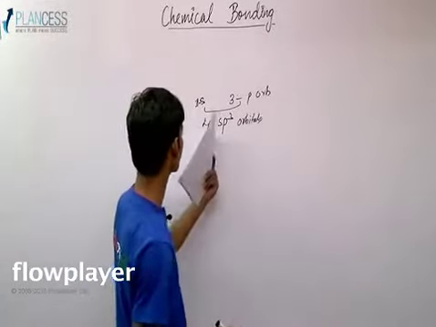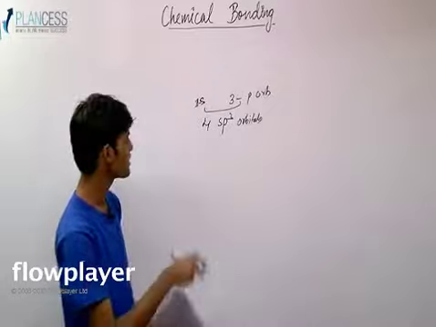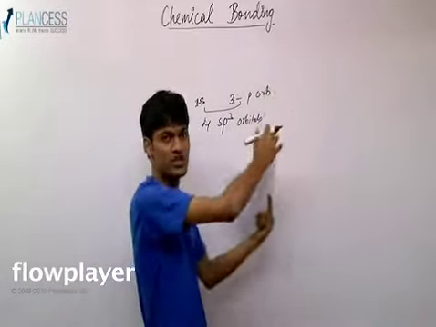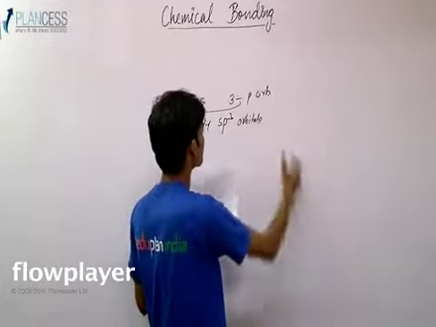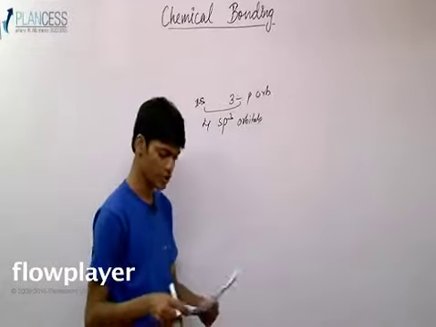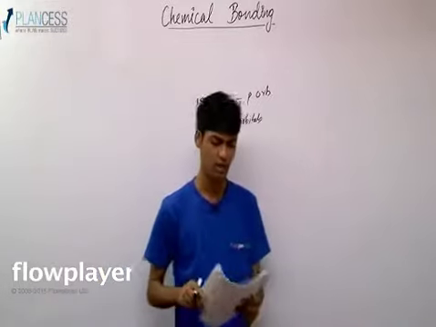The number of hybrid orbitals generated would be equal to the number of s plus p orbitals, and these hybrid orbitals will be oriented in space to minimize the repulsion and obtain the most stable geometry. Now, what are the important conditions for hybridization?